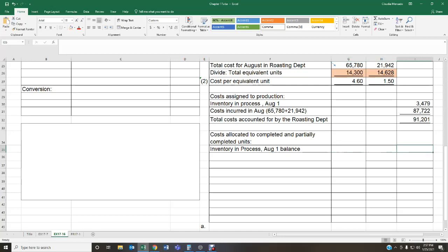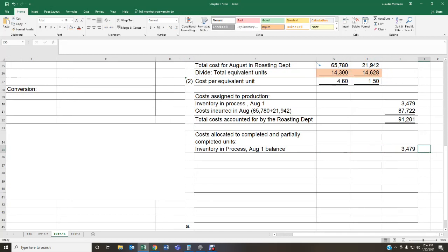So we're going to get that over here. And then to complete inventory in process August the 1st.